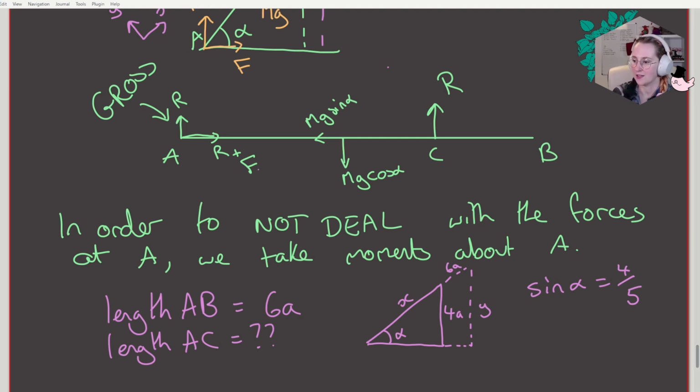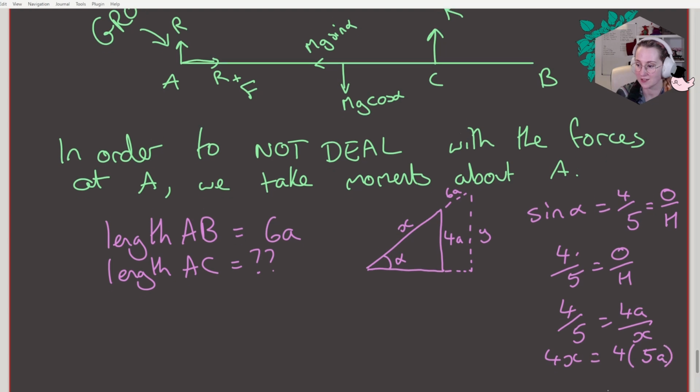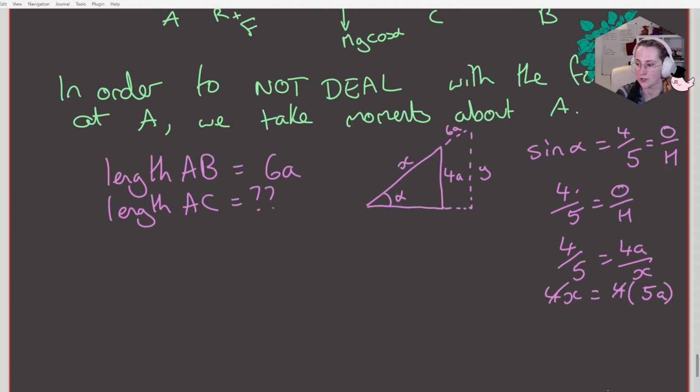Okay? But sine of alpha is also opposite over hypotenuse. So 4/5 is opposite over hypotenuse, and we can plug those in, so we get 4/5 is 4a over X. Cross multiplying, we get 4X is 4, I'm going to change that around a bit, 5a, just so I can cancel out my 4s, and I get X is 5a.